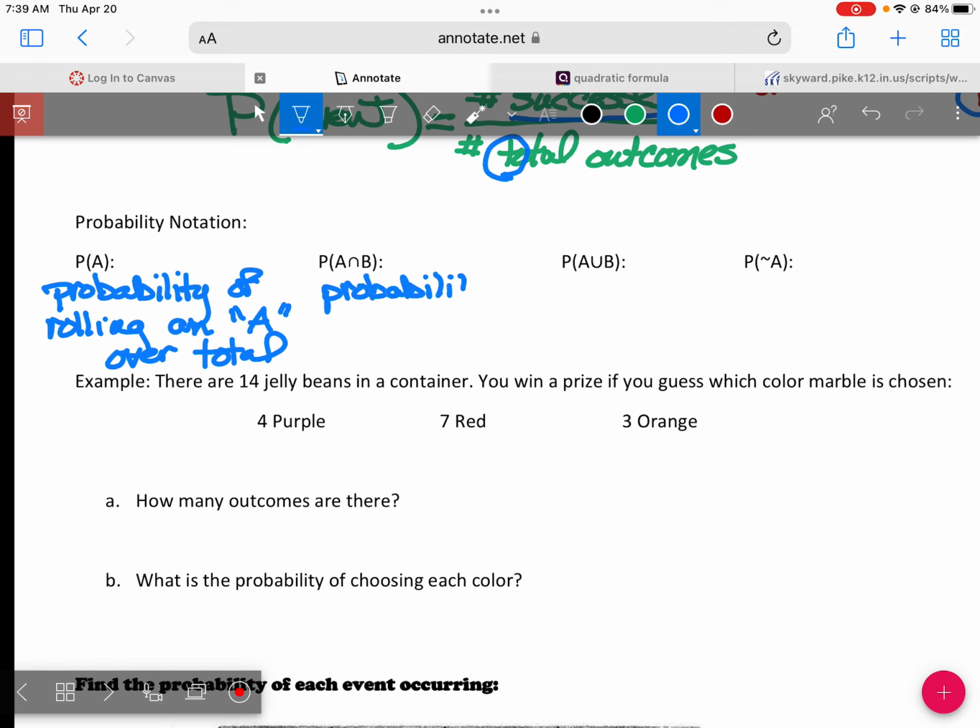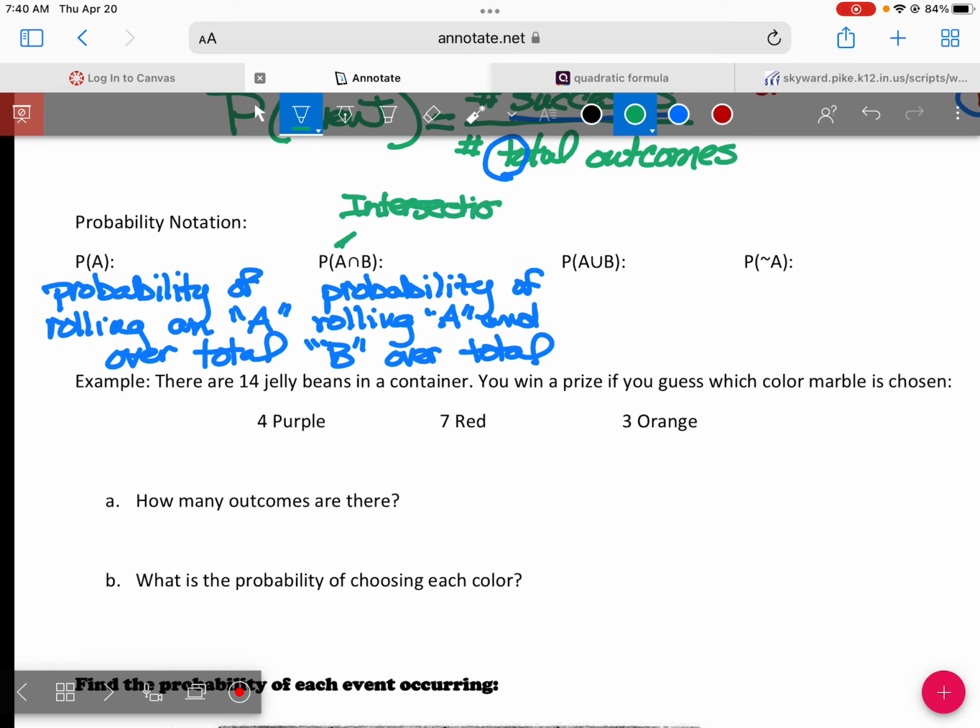This next one says the probability of rolling an A and a B. Probability of rolling, and we say roll, but it's that an event happens, but you could be rolling it too, of rolling an A and a B over its total. Now, as I look at this symbol right here, okay, it means intersection.